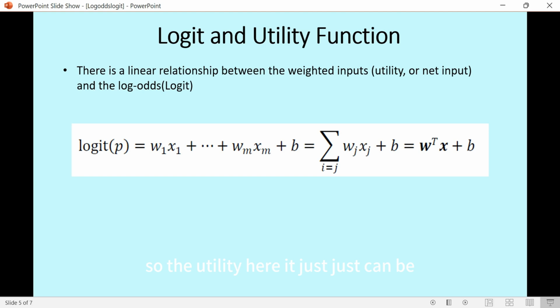Utility here can be explained as the utility an individual gets from choosing which route, right? So in economic and econometric models we call this utility. It is actually the same thing: net input, utility, right?